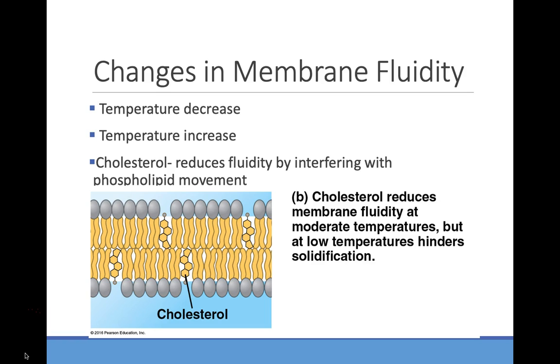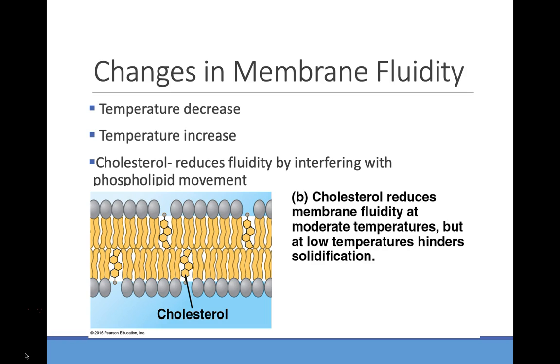Oftentimes people think of cholesterol as bad, but it's actually needed as a steroid, and it's needed in the plasma membranes. So cholesterol reduces the movement of the phospholipid bilayer at moderate temperatures. And it does that because it blocks the phospholipids from moving in between the cholesterol molecules.